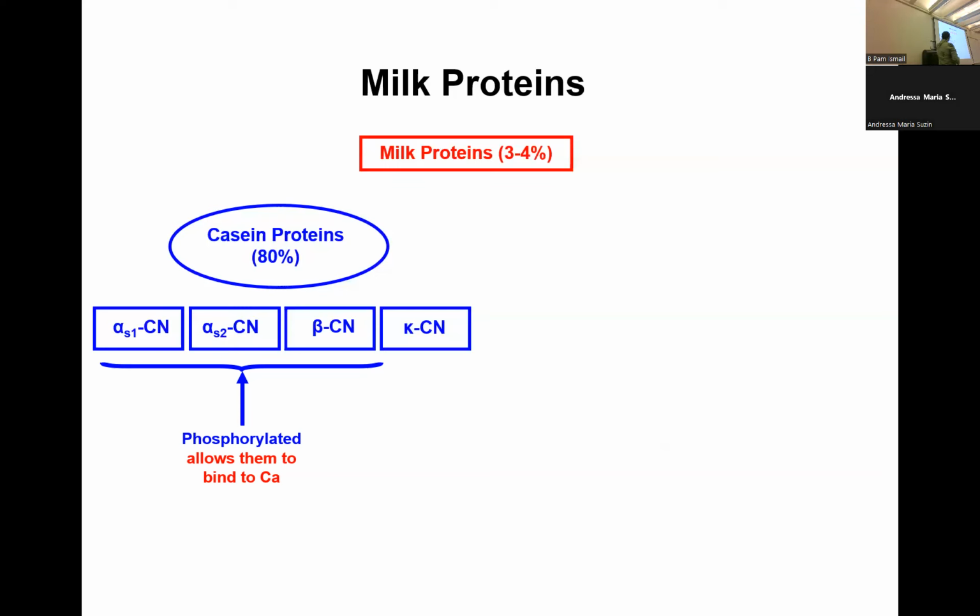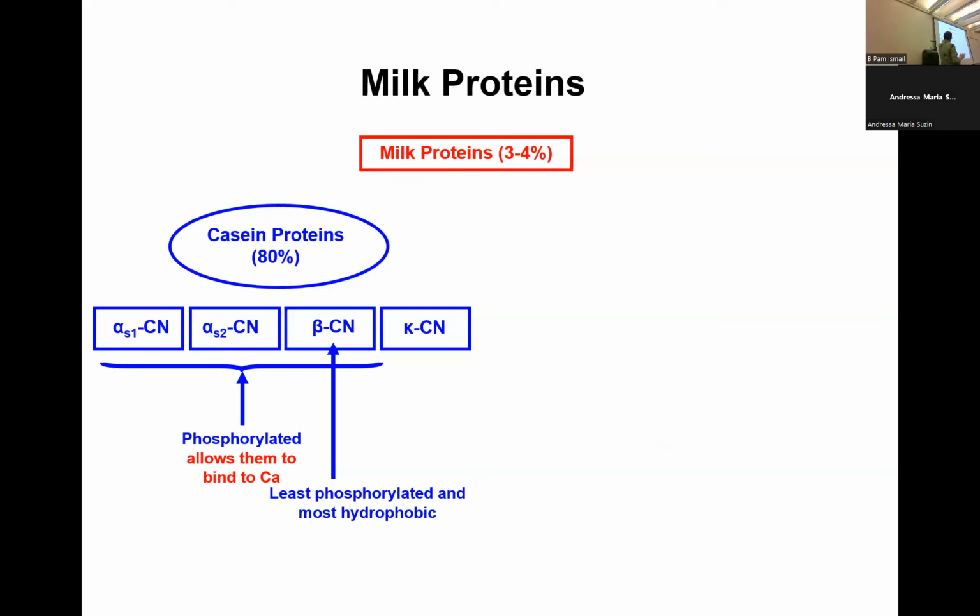So this phosphorylation plays an important role in the stabilization of the casein micelle, and we'll talk about the casein micelle a lot later on. But this is the main function of the phosphorylation of these three caseins. Now, beta casein is phosphorylated, but the least phosphorylated. So it doesn't have as many serine residues that are phosphorylated, and a big percentage of beta casein is hydrophobic.